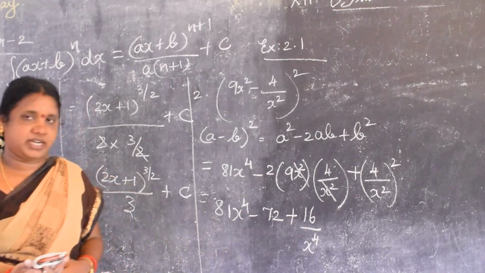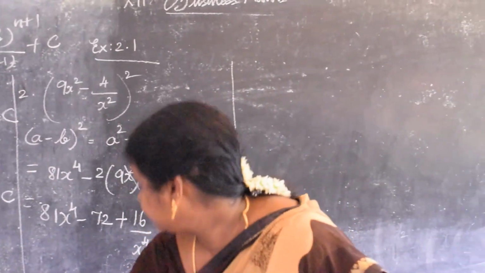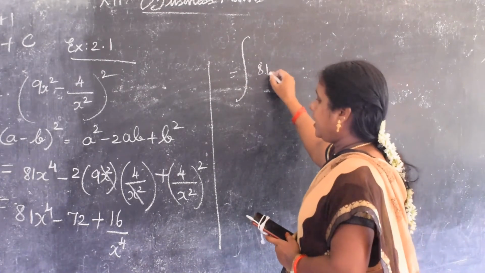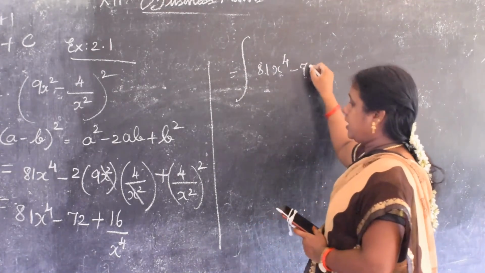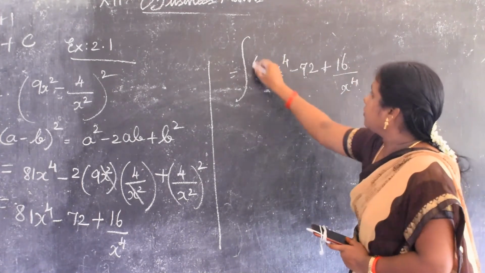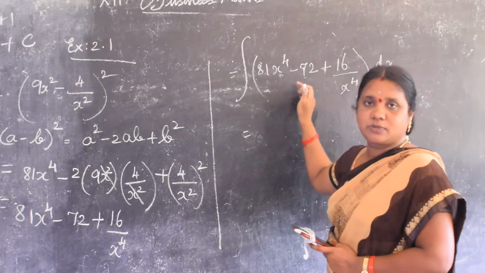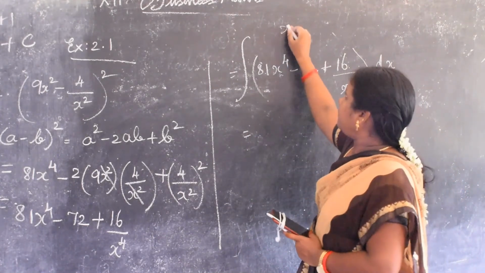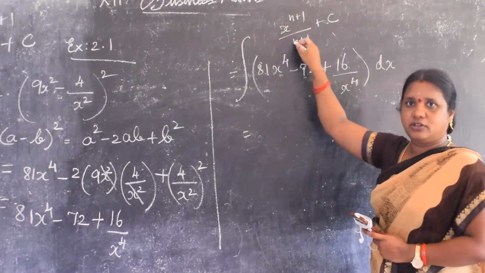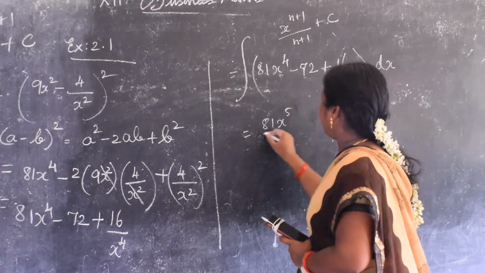Now we can integrate. What you have to do? See, introduce our integral symbol. Integrate 81 x power 4 minus 72 plus 16 by x power 4 into dx. What is our formula? x power n formula: x power n plus 1 divided by n plus 1 plus c. This result only I am going to use here. So, 81 x power 5 by 5.